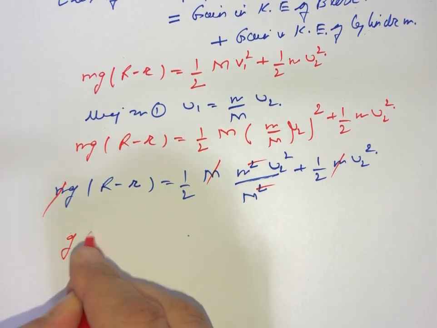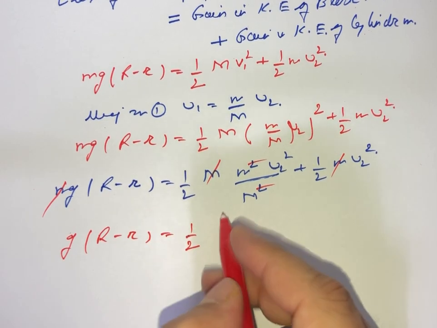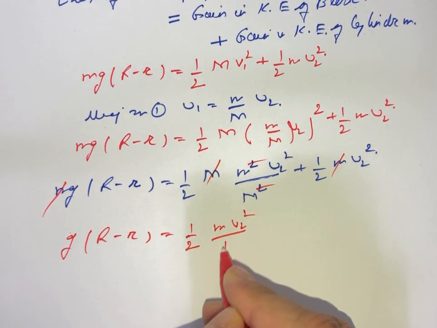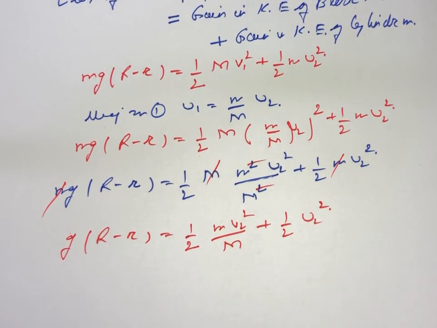So g(R minus r) is equal to half m v2 square divided by capital M plus half v2 square.